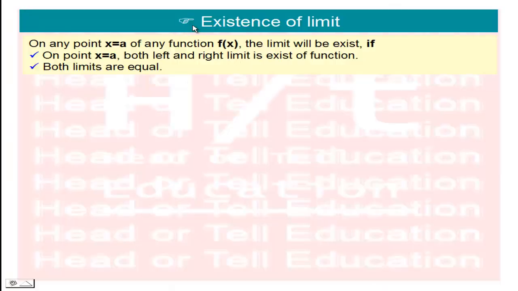Now the next topic is existence of limit. To find the existence of a limit, we have to note two points. At any point x equal to a of any function f(x), the limit will exist if, first, both the left and right limits of the function exist at x equal to a, and second, both limits are equal.